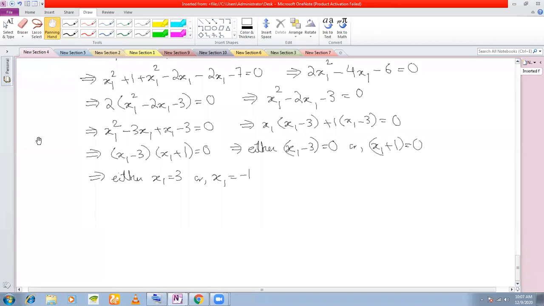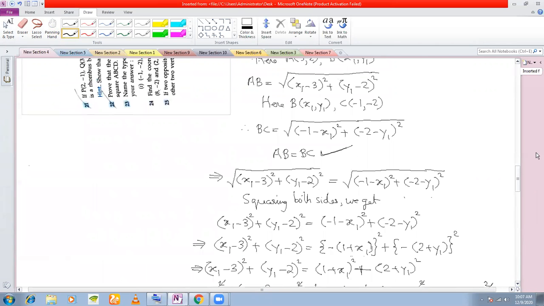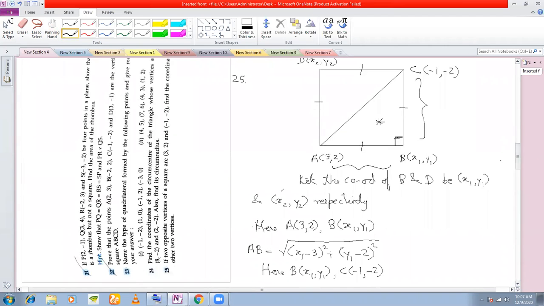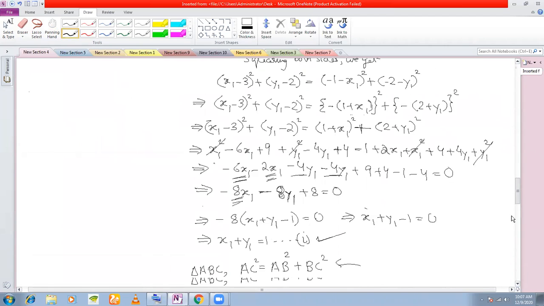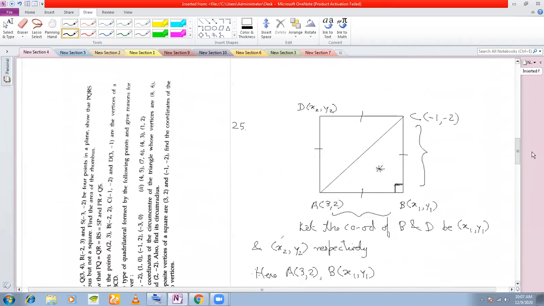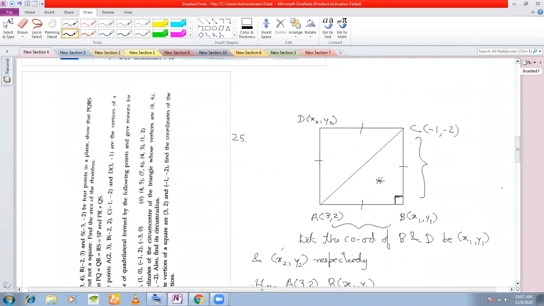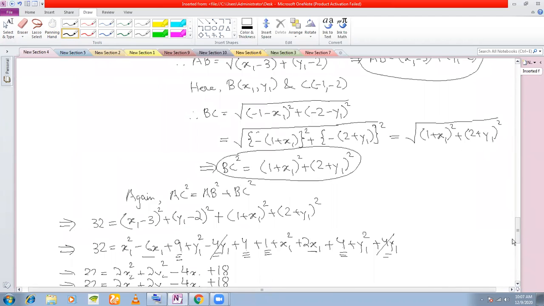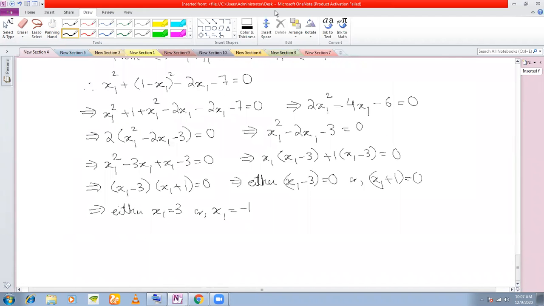Okay, so you're getting two values of x1. Remember, now this is the main thing here. Now you might be wondering that for x1, y1, if I'm working so hard, what will I do for x2, y2? Because see, I have two unknown vertices, right? For x1, y1, so long I have done all this. Then you will wonder that again I will do the same thing for x2, y2. Actually not required. That is why you have got two values of x1 and y1. Okay, how? I'll just show you.